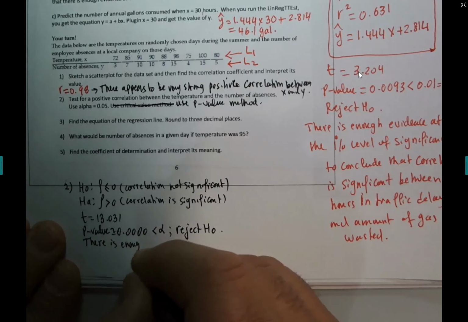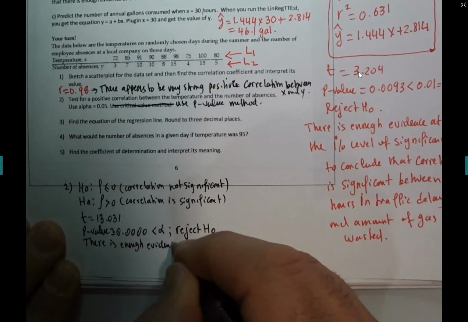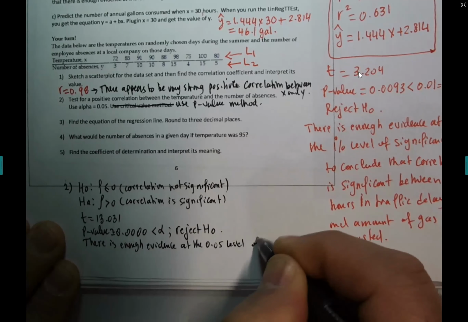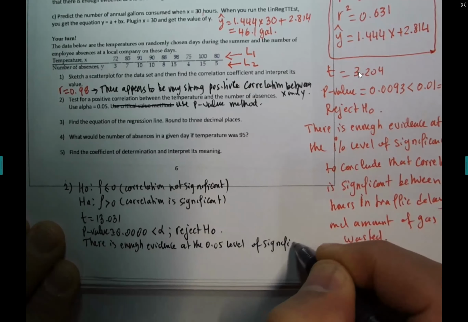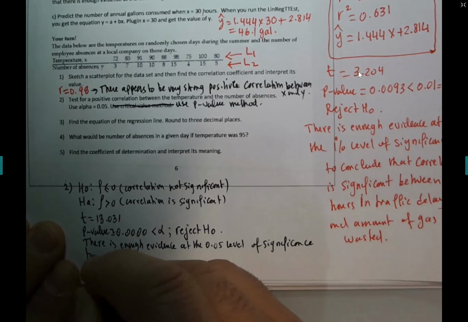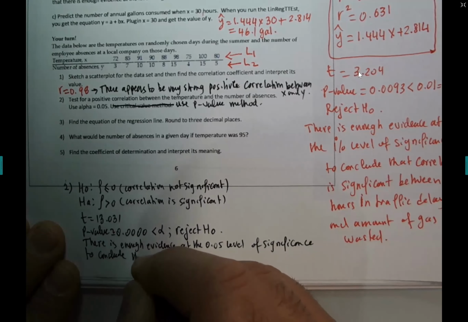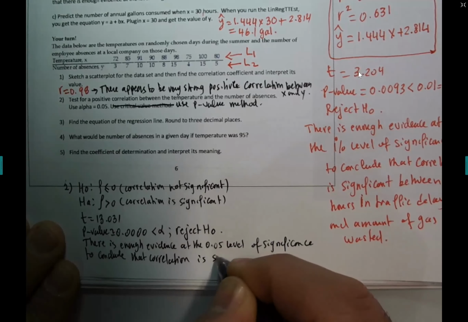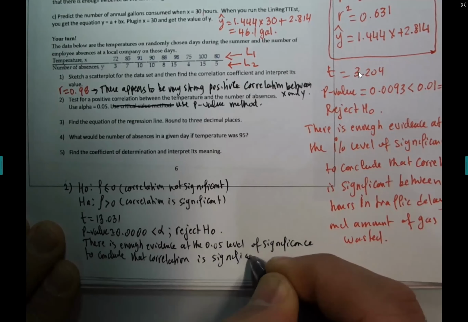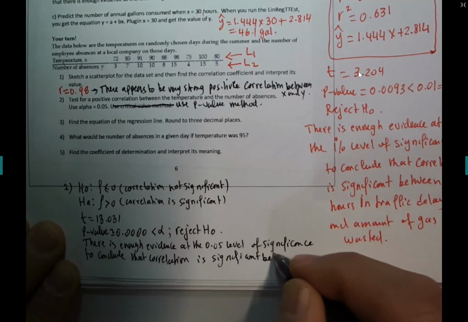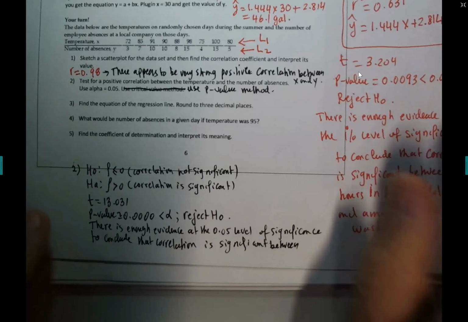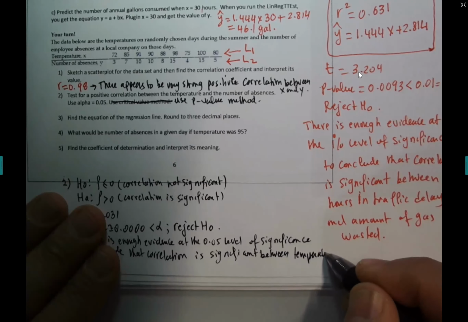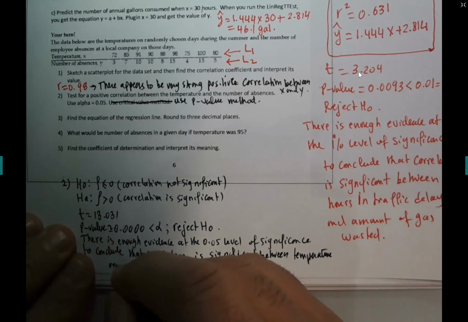There is enough evidence at the 0.05 level of significance to conclude that correlation is significant between temperature and number of absences.